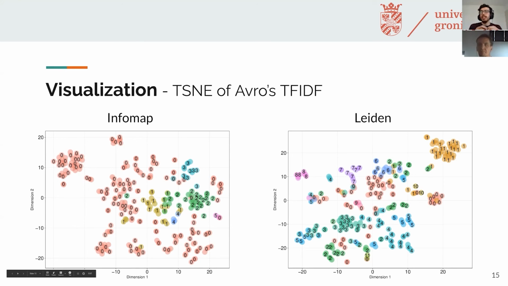While Leiden suffers from this from time to time, as we can see here with some communities. The ones identified with Leiden are more cohesive and are semantically closer to themselves instead of covering the entire space, even if this happens.